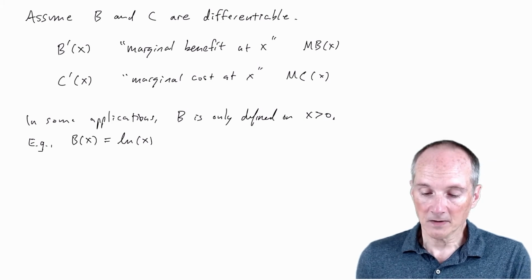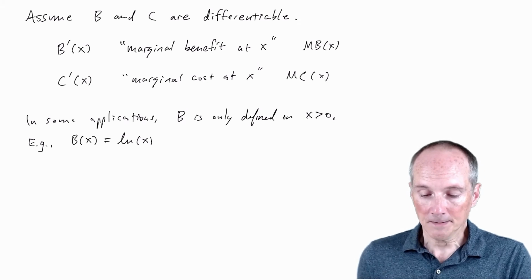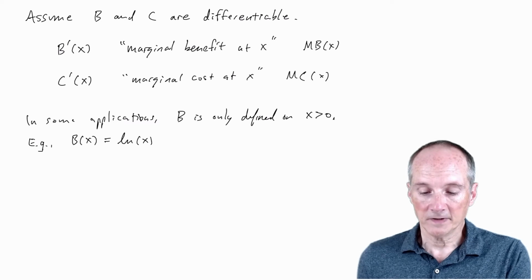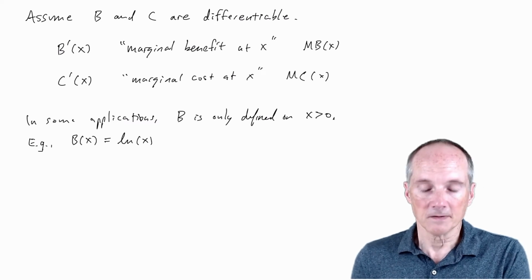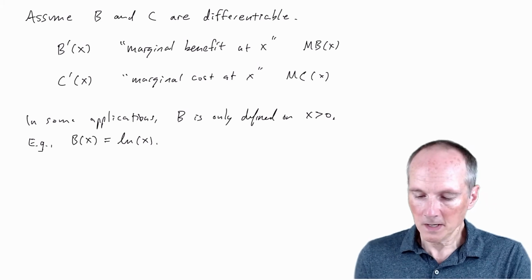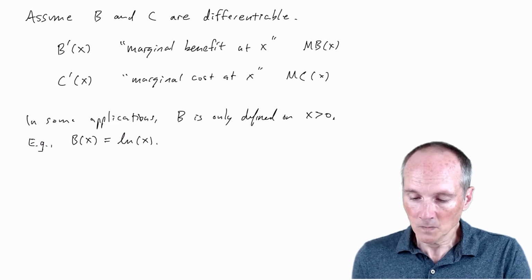When we're talking about derivatives of the benefit function, we're really only focused on derivatives when x is positive, and so this isn't really an issue. Okay, so that's just an aside.